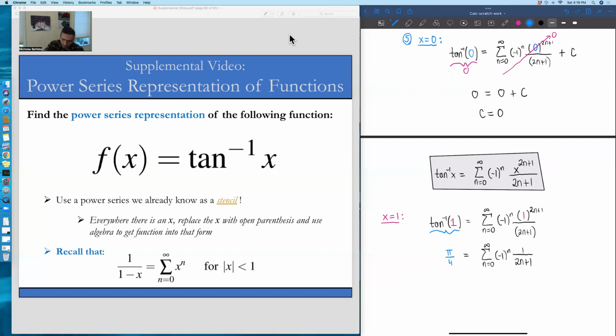And if we just multiply both sides by 4, we have a series representation of the number pi. So we can actually find what pi is equal to if we want to express pi, the number, in terms of an infinite series.